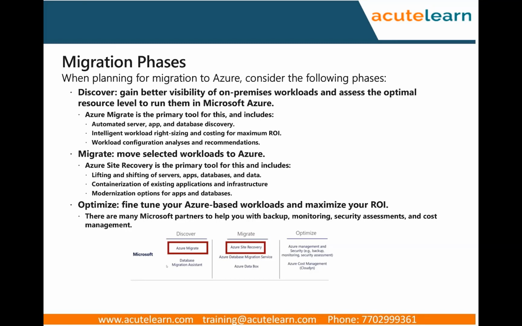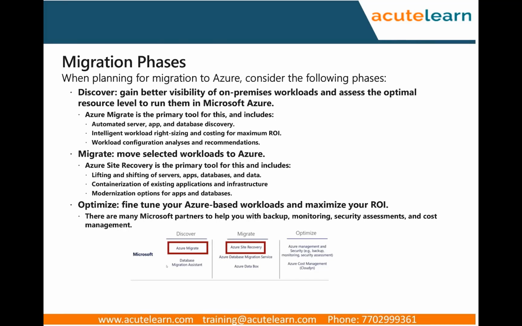Somewhere the assessment went wrong, or we might have overlooked something. We need to do optimization, fine-tuning after the migration. We have to keep fine-tuning the system. Say we are looking at 4 processors with 16 GB RAM in the cloud, but it is not consuming even 2 processors.